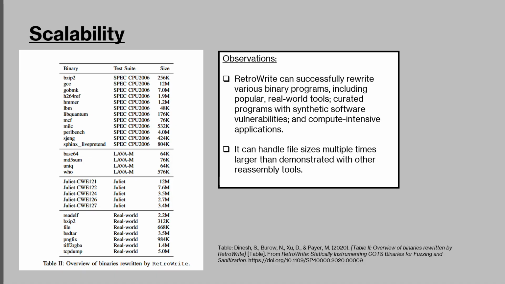Namely, it is able to successfully rewrite popular production tools like tcpdump and readelf, LAVA-M programs with synthetically injected vulnerabilities, Common Weakness Enumeration test cases from the Juliet test suite, which contains code with curated security vulnerabilities, and complex compute-intensive applications from SPEC CPU 2006. By succeeding across these various binaries, many substantially larger than used in prior work, RetroWrite shows that its rewriting approach is capable of operating on realistic, arbitrary C programs.